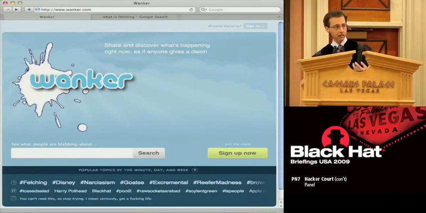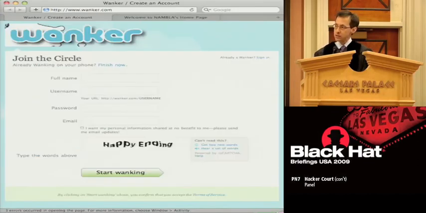The facts here were, at least as brought out by the prosecution's case, that the defendants had gotten a USB key from a business center at a hotel for legitimate purposes, but they had found on the USB key a file left behind by a prominent financial figure in the economy, and that file had in it a list of contacts that this bigwig in the financial markets had as followers of a social networking site called WANKER.